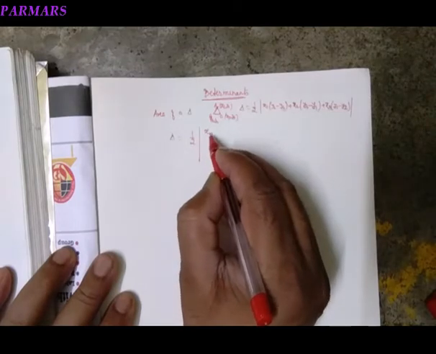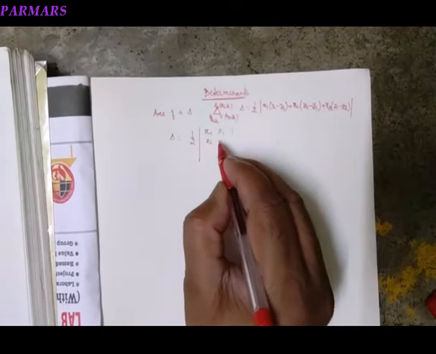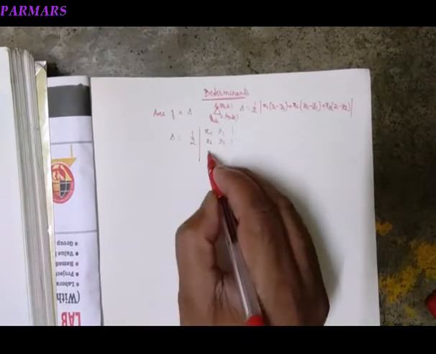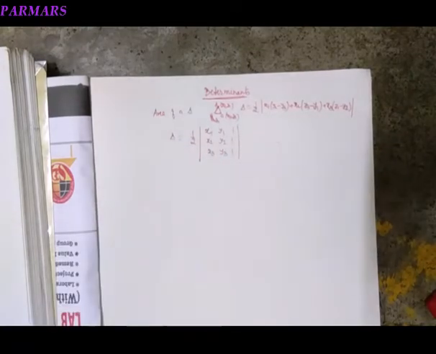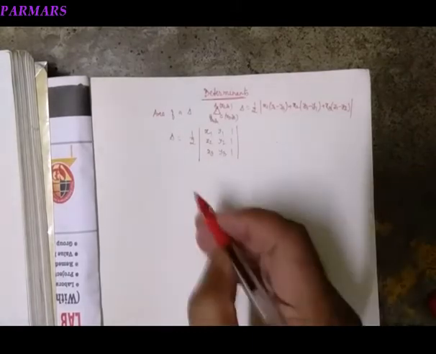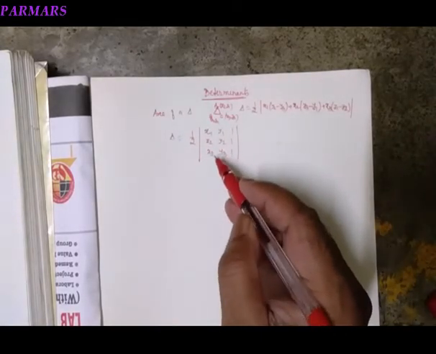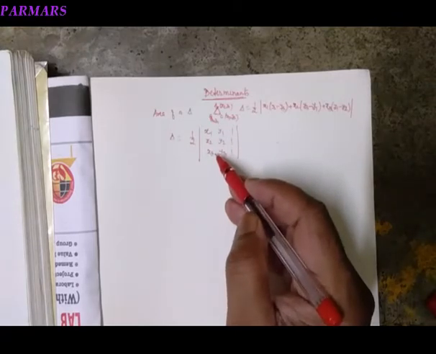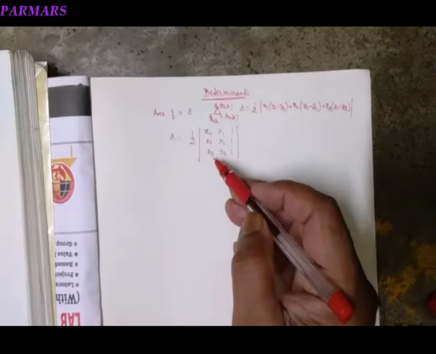First row contains x1 y1 and 1, second x2 y2 and 1, third x3 y3 and 1. Now since we have to find the area of the triangle in this way, certainly I am not thinking about a question of 4 marks. It may be of 2 marks or maybe 1 mark.